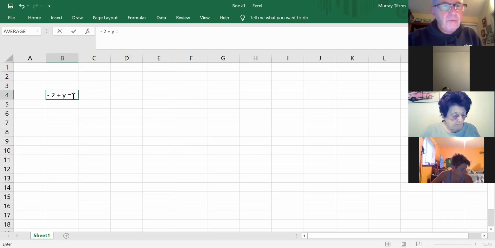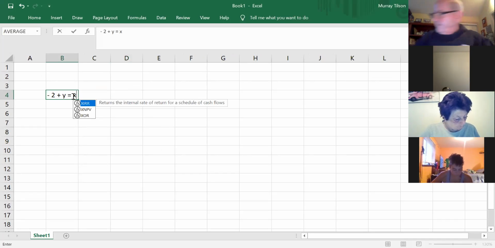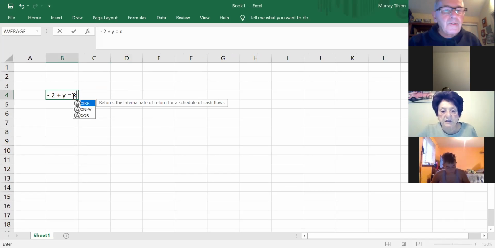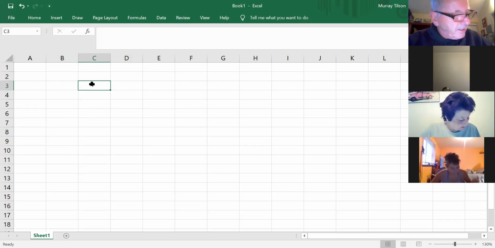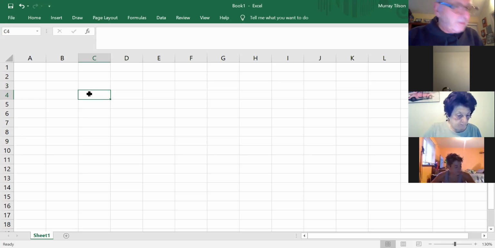What was the original equation? What did it say on top? Minus 2 plus y equals negative x. Thank you. I can't do this in Excel, darn it, but I want to show it on a graph.